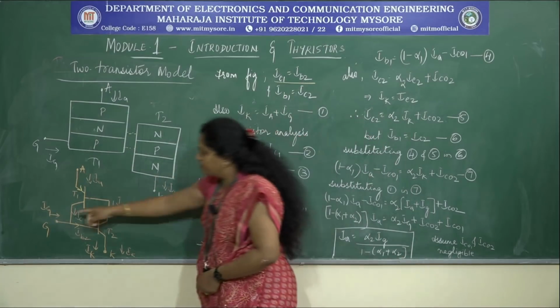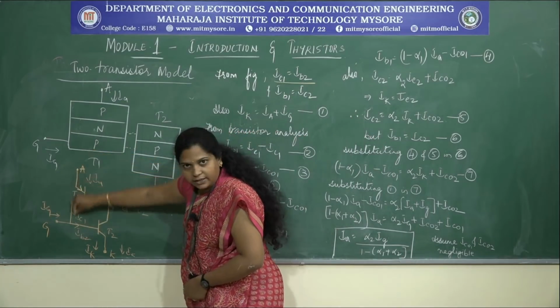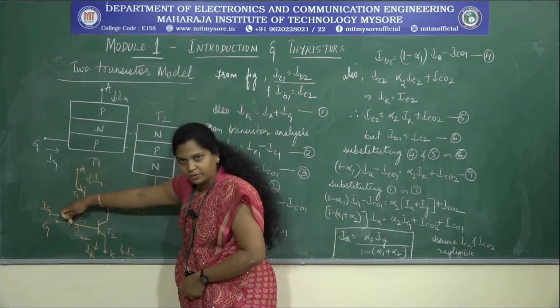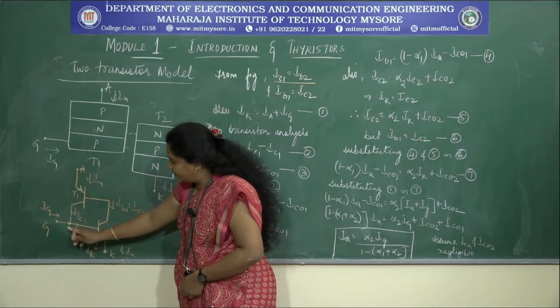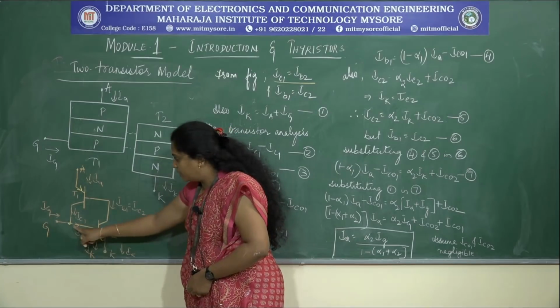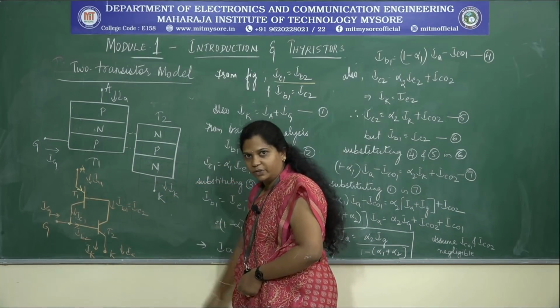Now, let us assume G to be a node point. Anode current is flowing towards the node G and the gate current is also flowing towards the node G. But the cathode current is flowing away from this node point.